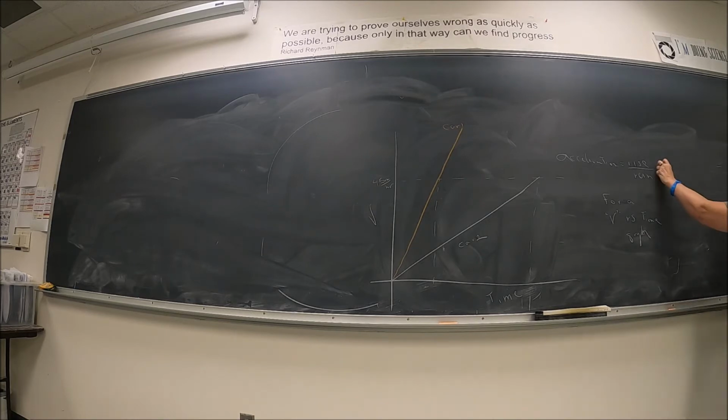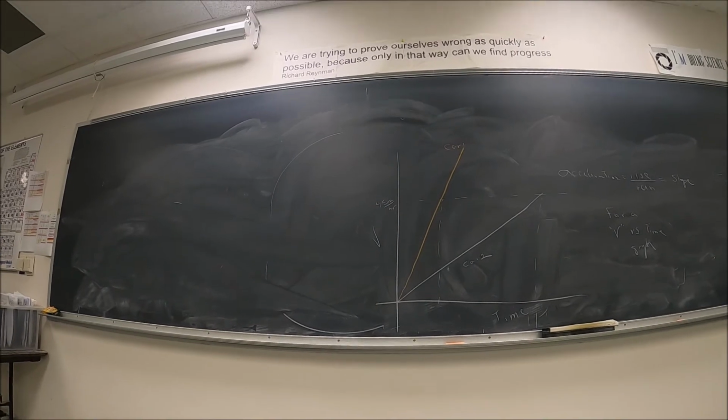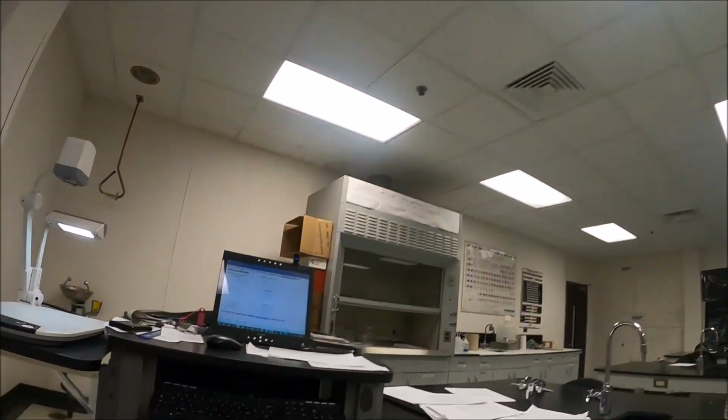Okay? So in other words, the acceleration is the slope of this graph. Now, let's look at figure 2.25 on page, well, I don't know what page it is in your book, but let's look at it, okay? Now, let's look at the graph here.